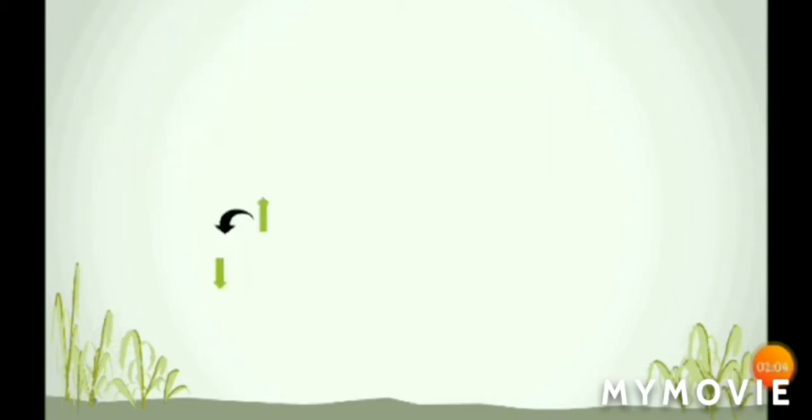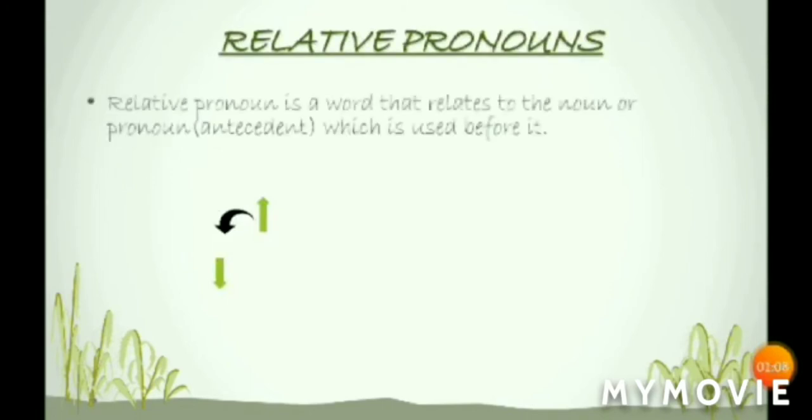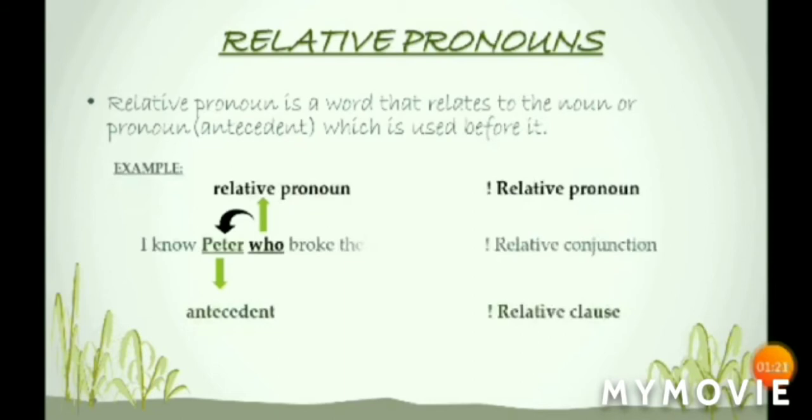Let's analyze the definition for concept building. A relative pronoun is a word that relates to the noun or pronoun, that is, the antecedent, which is used before it. Example: I know Peter who broke the vase. Who is the relative pronoun and Peter is the antecedent. This example tells 3 concepts.